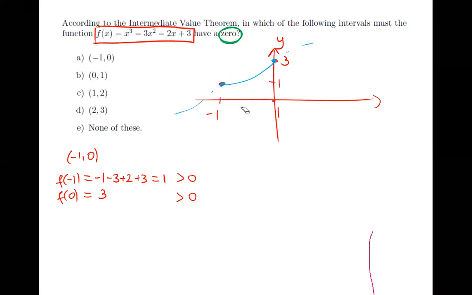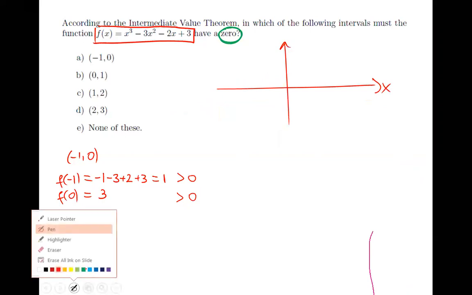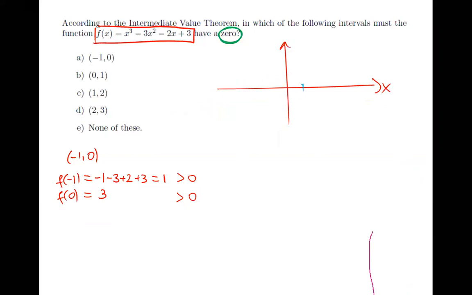That means what I need is one value negative, one value positive. Because if one value is negative and one value is positive, I don't know on which interval, of course, but I'm just trying to show you how we can use this property. Let's say for 1 I get a negative value and for 2 a positive value, then it's obvious that I have to connect these 2 points, because the function is continuous.